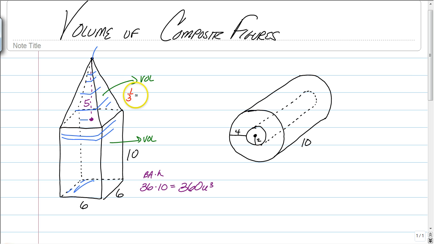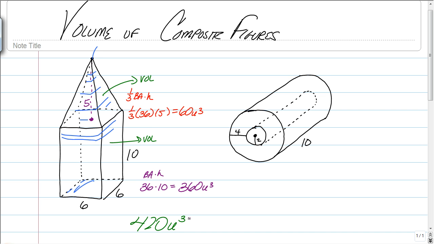The volume of a pyramid is 1/3 of the base area times the height. So we have 1/3 of our same base area of 36 times the height of 5. And that's going to end up giving us 60 units cubed. So what's the volume of this stack right here? 420 units cubed. And you're done.